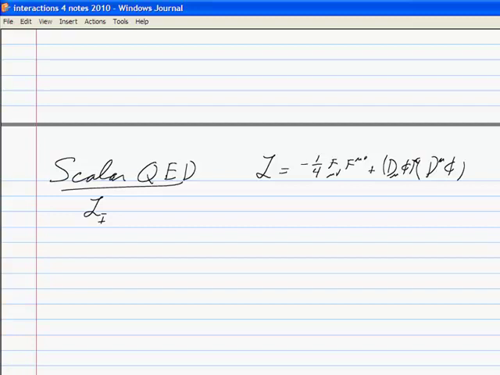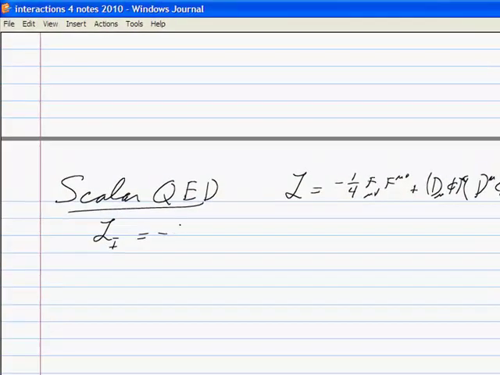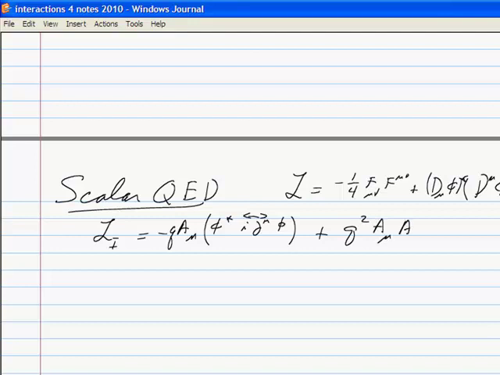So the interaction pieces are the pieces that involve the A's there and the derivatives. It was minus A mu times there's a Q, whatever the charge is, phi star i d mu left minus right, phi. Plus there's also a piece which we hadn't talked about much before, which is the A mu A mu phi star phi.